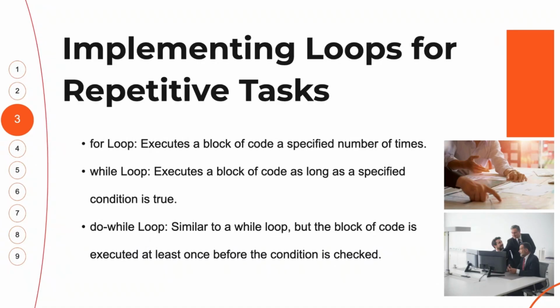So it can run for a long time as long as it is true. If it becomes false, it stops immediately. Then the do while loop. These are different types of repetitive tasks and loops. The do while loop is similar to the while loop, but the block of code is executed at least once before the condition is checked.